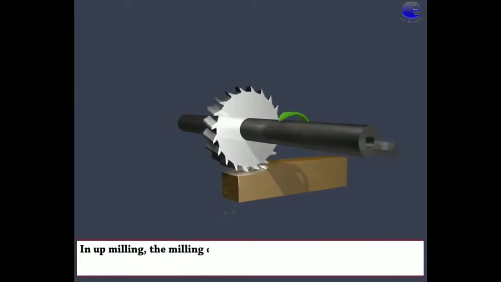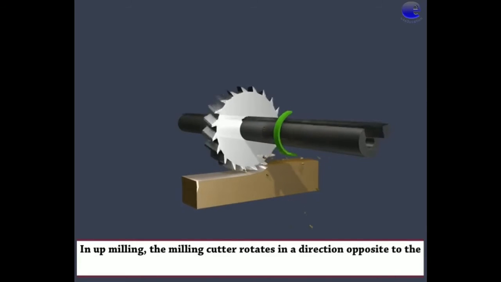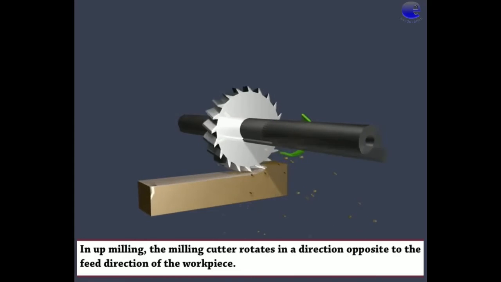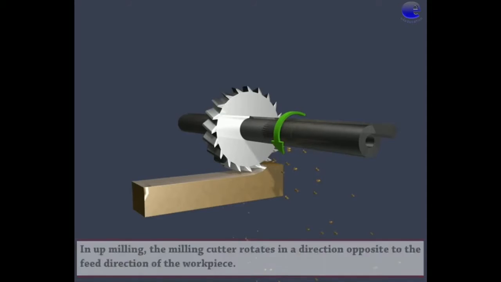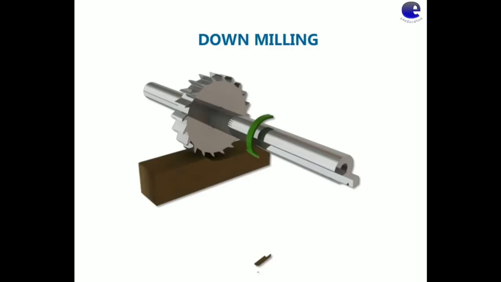In up milling, the milling cutter rotates in the direction opposite to the feed direction of the workpiece. The material is removed by the resultant force while the cutter is rotating against the workpiece.